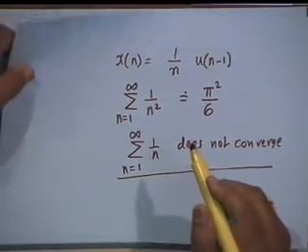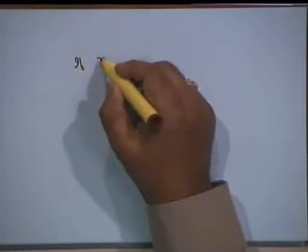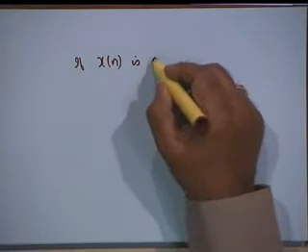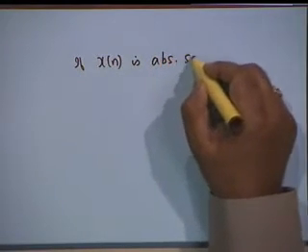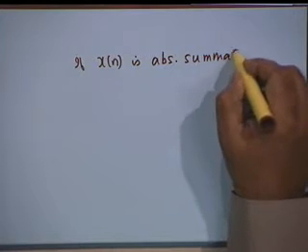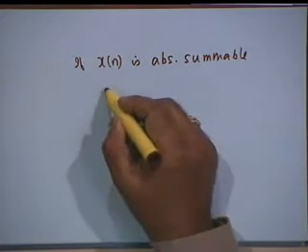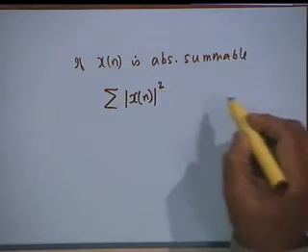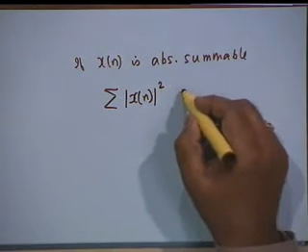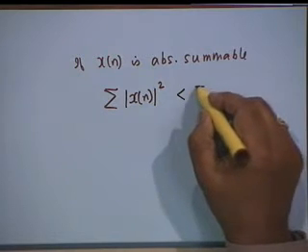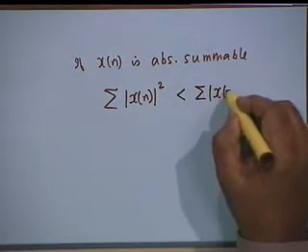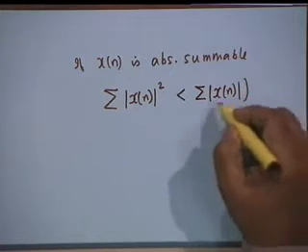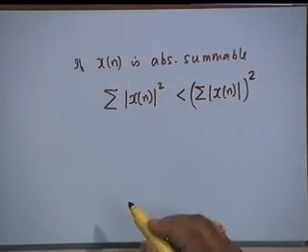So, we go to the next statement, that is, if x of n is absolutely summable, then its energy, the summation of x of n squared, obviously this is less than the summation of magnitude x of n whole squared, right.